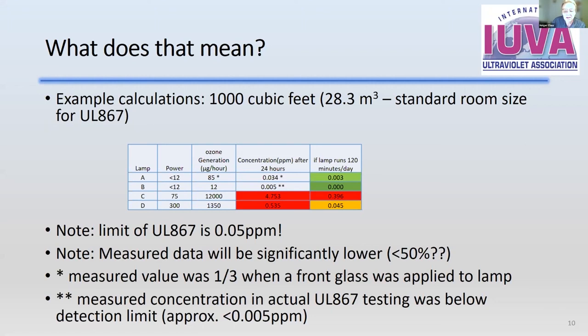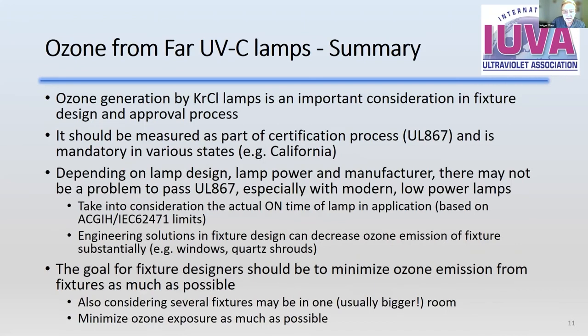You must go at least to your lamp supplier and get the data so that you can do your estimates. And at the end, you will have to do ozone testing anyway, especially if you want to sell in the state of California, because there it has basically become mandatory. UVC fixtures are considered air cleaners and must be certified under UL 867 for ozone generation.